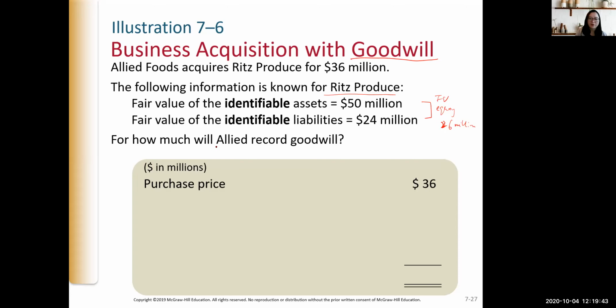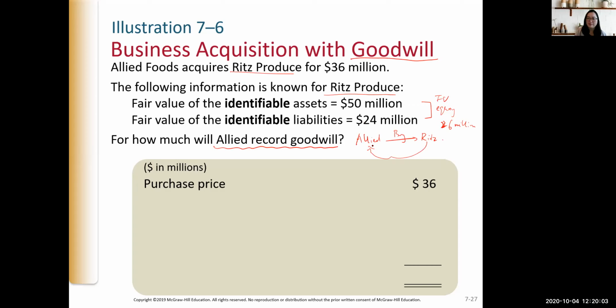Because the fair value of the equity should be 26 million. And how much will Ally record for the acquired Reed's Produce goodwill? Basically, Ally buys Reed's, right? After this transaction, Reed's becomes a part of Ally.